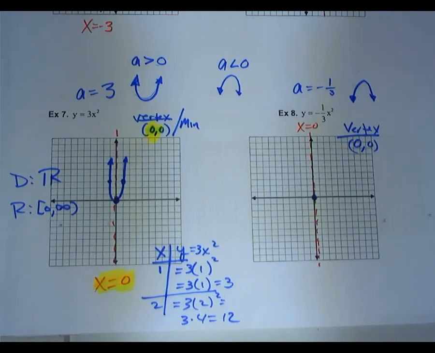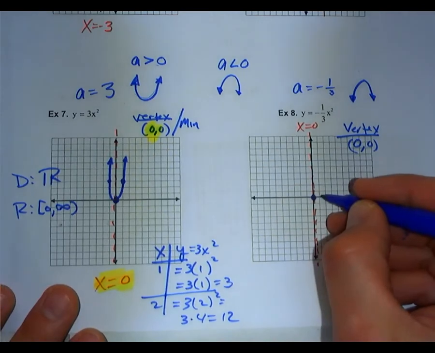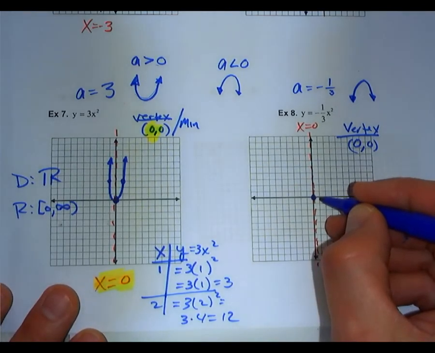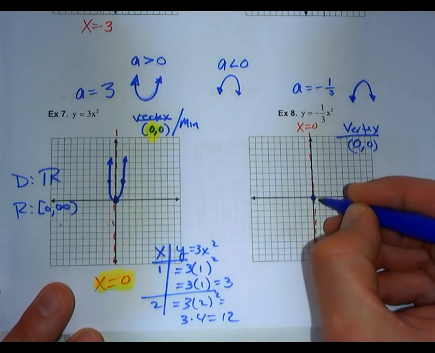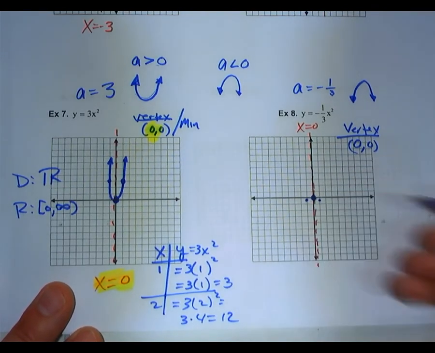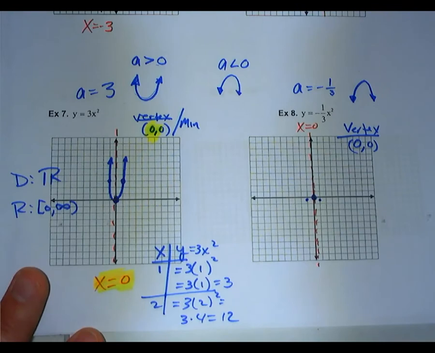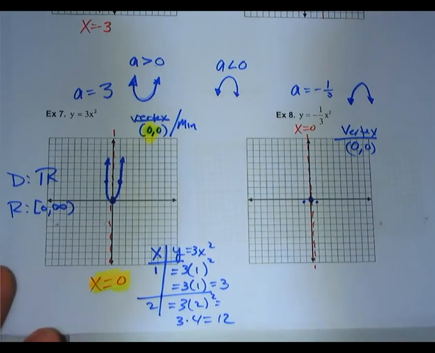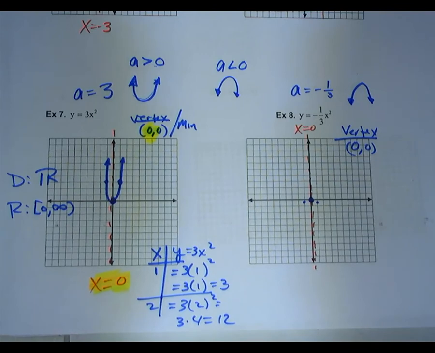What's our a value? What do we have again? Negative 1/3. So I'm going to go over 1 down 1/3 of a box. 1/3 is right there. Over 1 down 1/3. It's right there. Okay. This thing is again getting flipped upside down. That's why it's negative. And then it's getting compressed vertically, which means it's going to look a little wider.